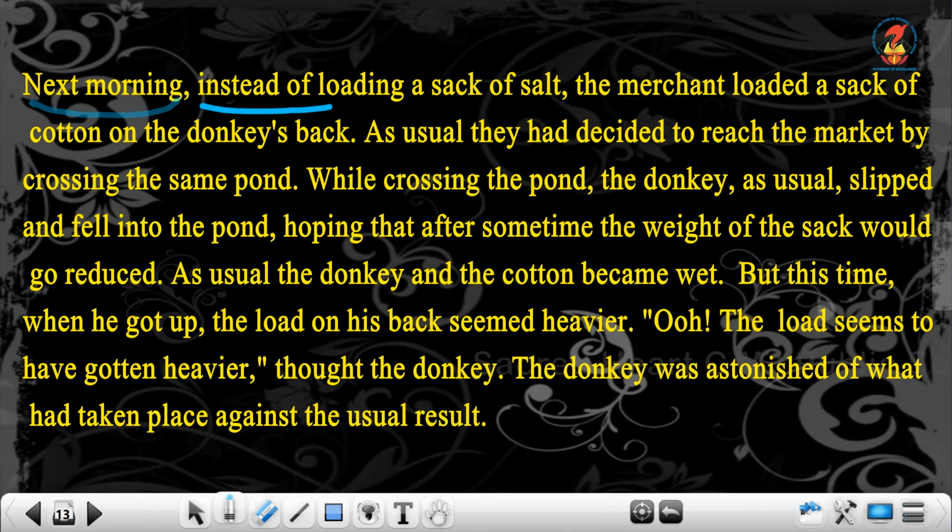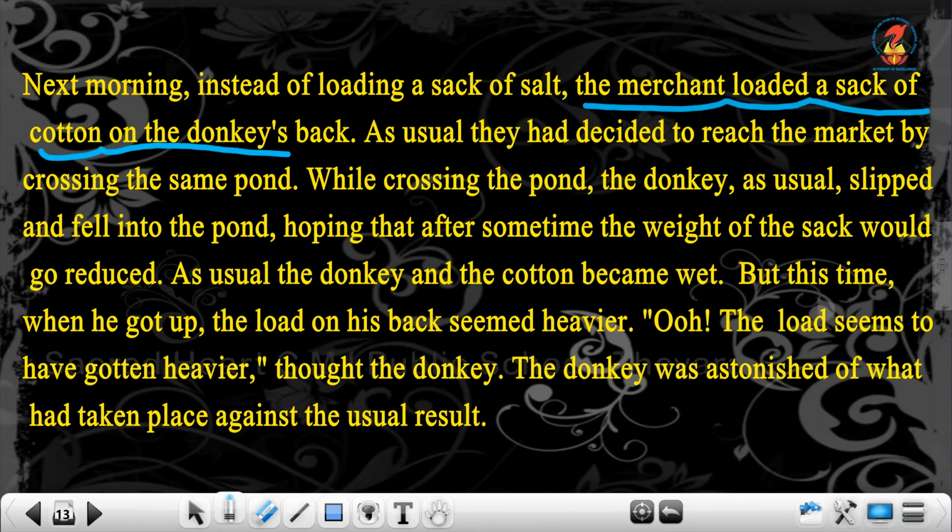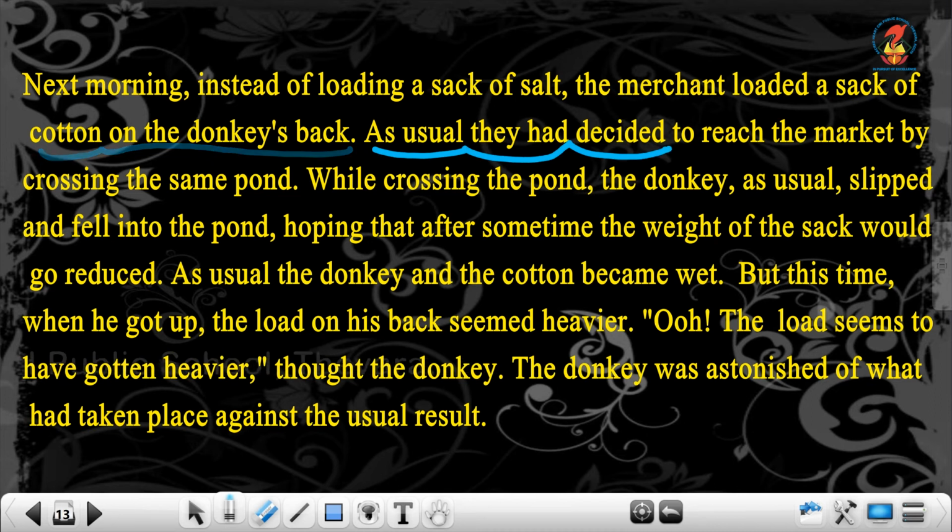Next morning, instead of loading a sack of salt, the merchant loaded a sack of cotton on the donkey's back. As usual, they had decided to reach the market by crossing the same pond.